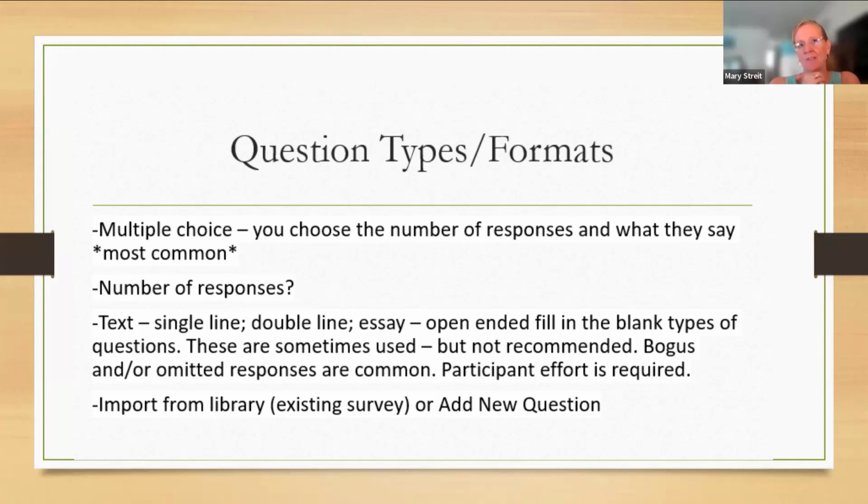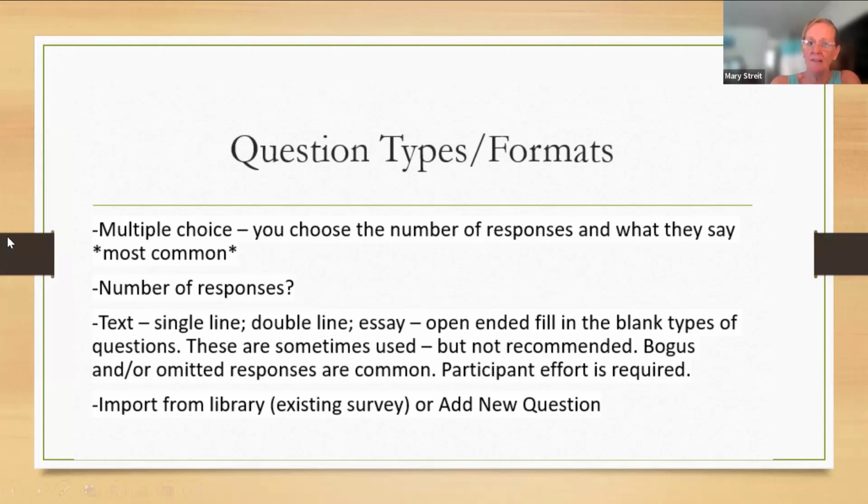For example, if you're going to use a 5-point Likert type rating scale from strongly disagree to strongly agree, you would choose 5 responses. Then you want to put actual words for each response to anchor them. Those are called anchored choices, and those are good to do. It's very clear that way what that actual choice means when you're doing your data analysis down the road.